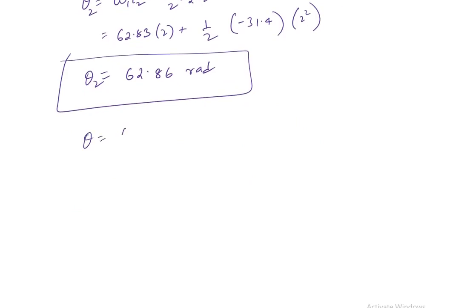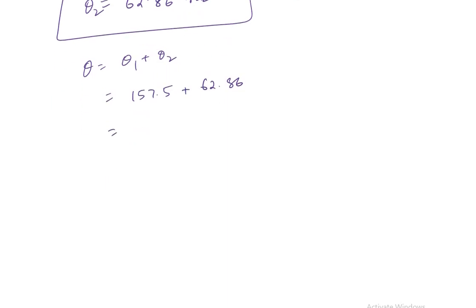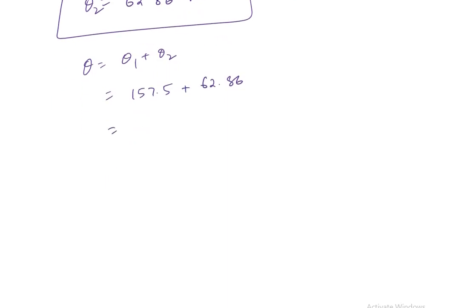So theta is theta 1 plus theta 2, which is 157.5 plus 62.86, so that comes to 220.36 radians.